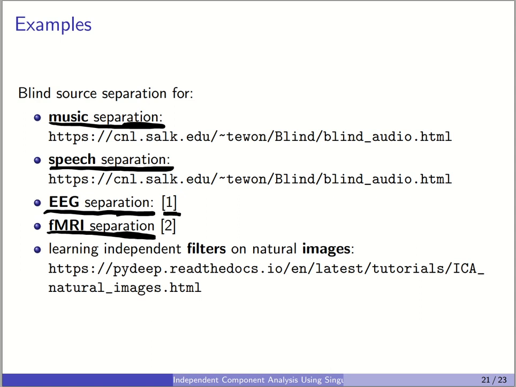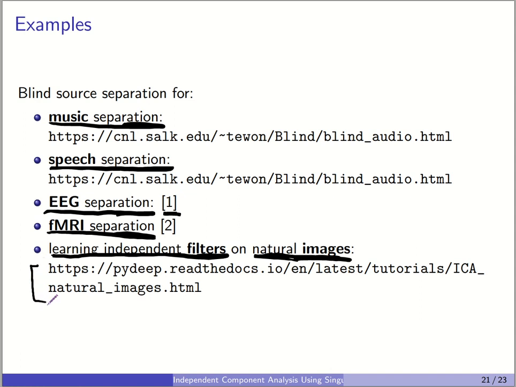fMRI is also interactive videos of brain activity, and they can also separate independent components in fMRI data. We can also learn some independent filters on natural images.